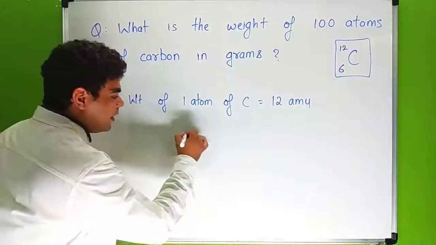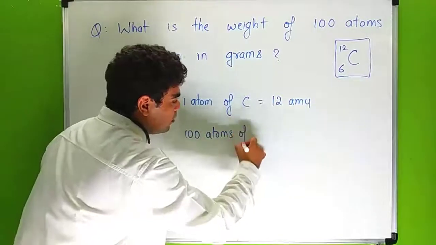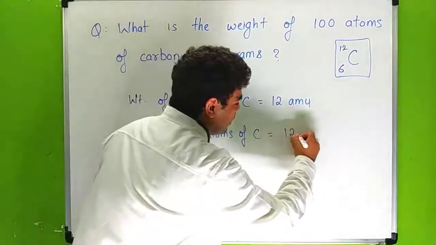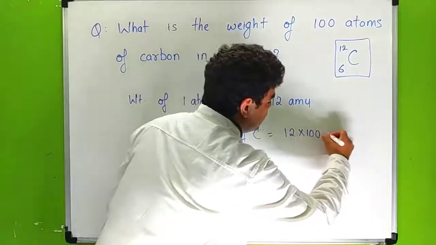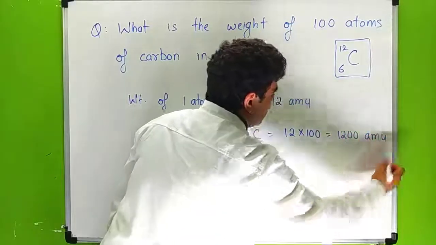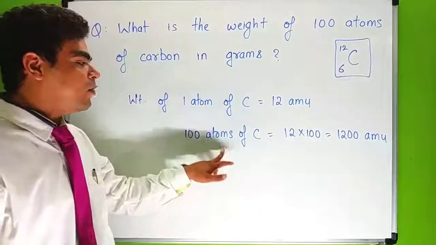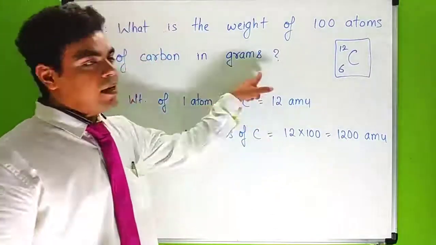So weight of 100 atoms of carbon will be 12 into 100, and that is 1200 AMU. But this wasn't asked in the question. We were asked the weight of 100 atoms of carbon in grams.